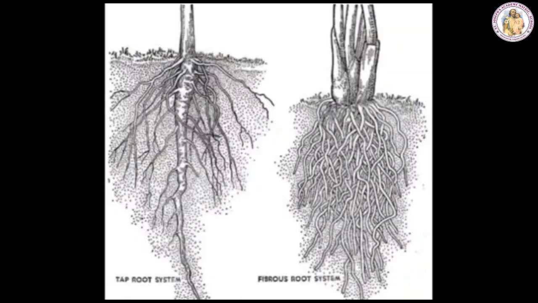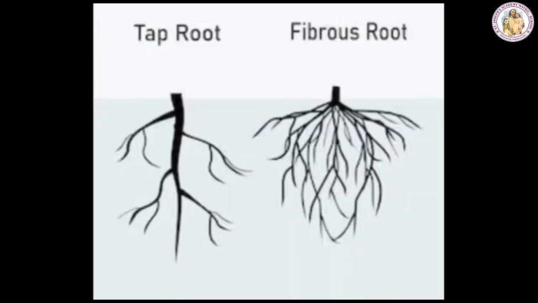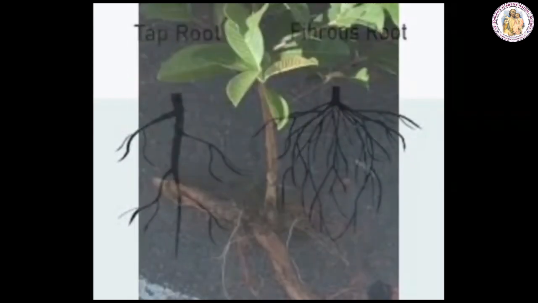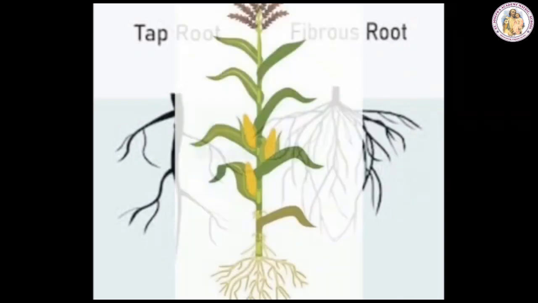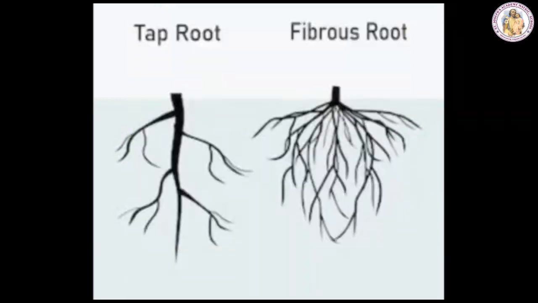In taproot, side roots are developed from the main root. In fibrous root, roots are developed from the base of the stem. Taproot looks like a long tap. Example, tamarind, guava. Fibrous root looks like a bunch. Example, corn, sugarcane.